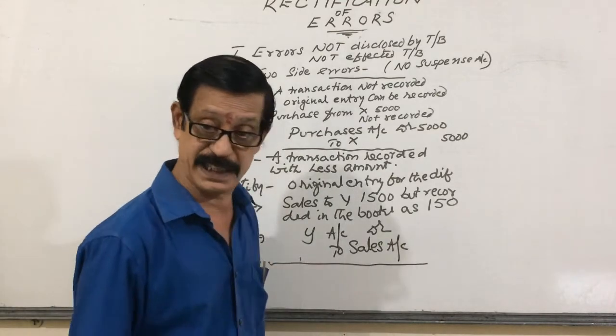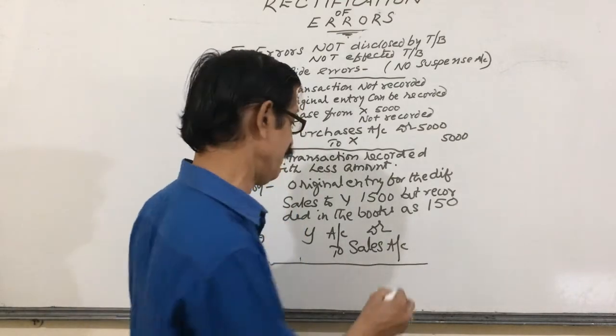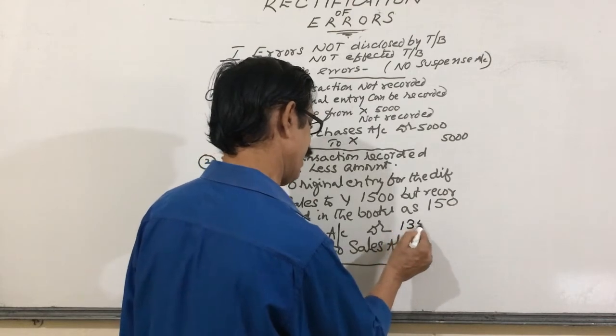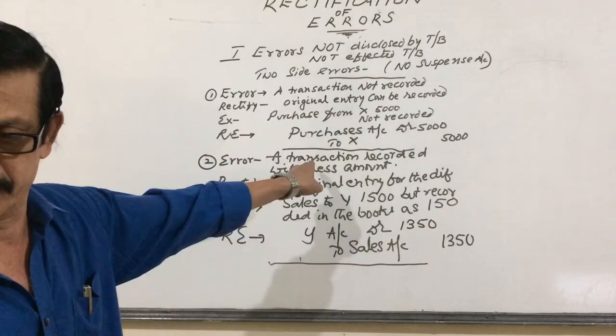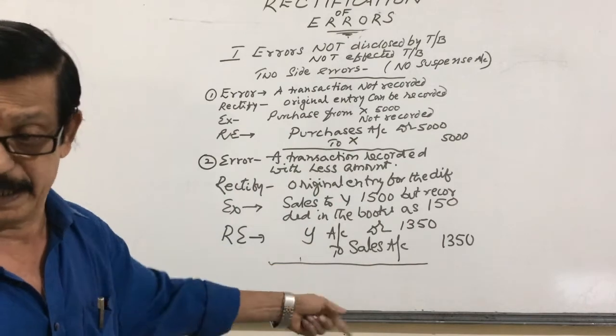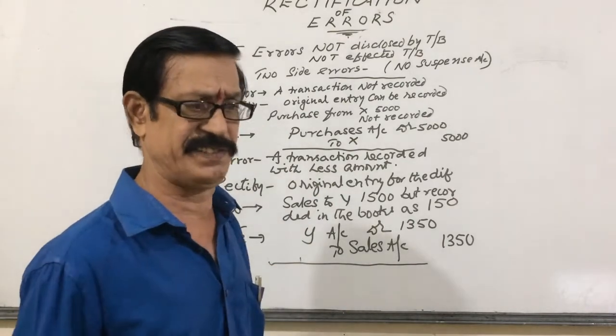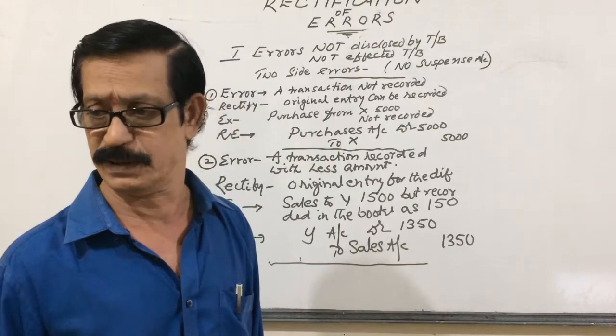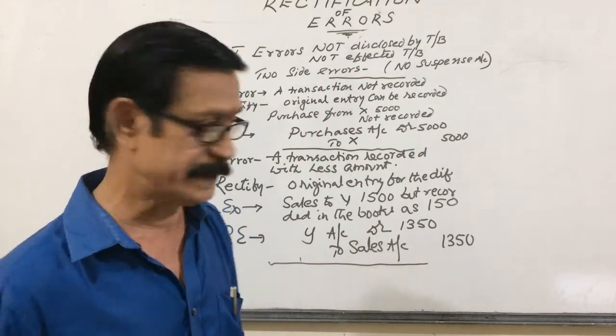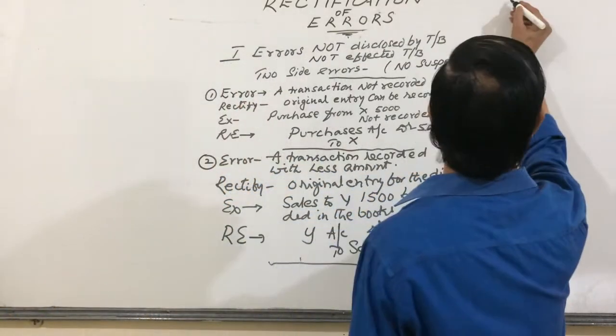How much do we have to take? 1,350. Why? Because they already recorded 150. The remaining amount we have to take out. In the first case, not recorded, the same entry is now recorded. Here they recorded, but with less amount, so you can pass the original entry for the difference amount. Understanding or not? Now, come to the third.